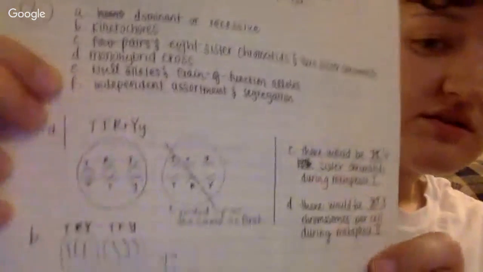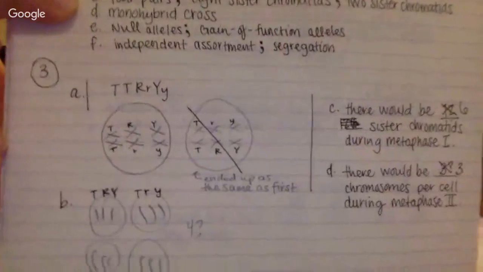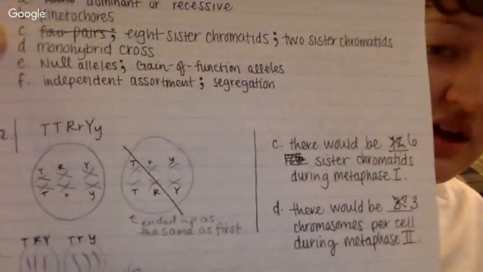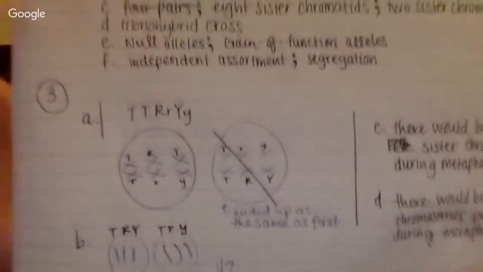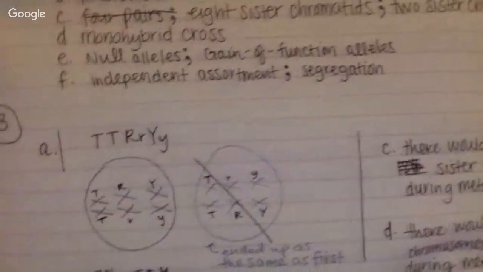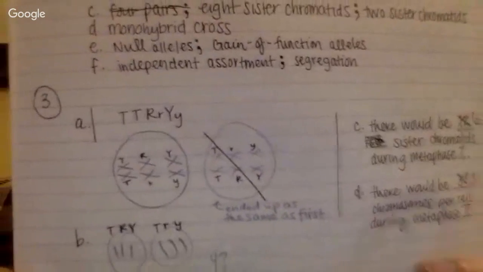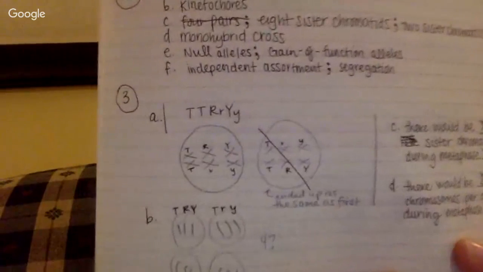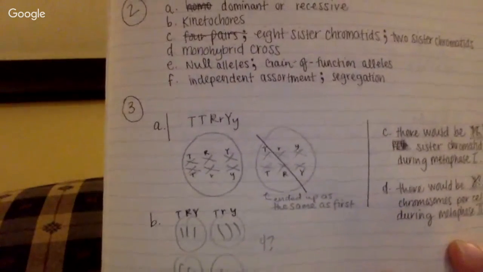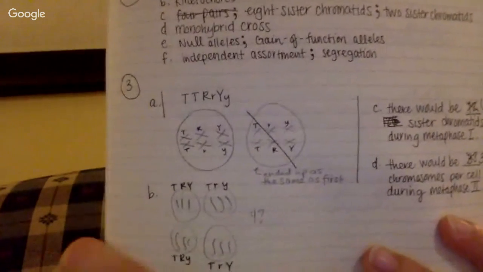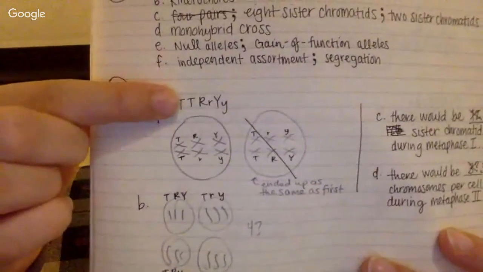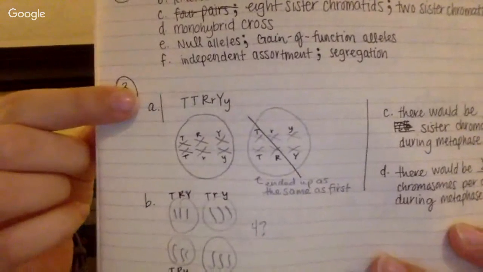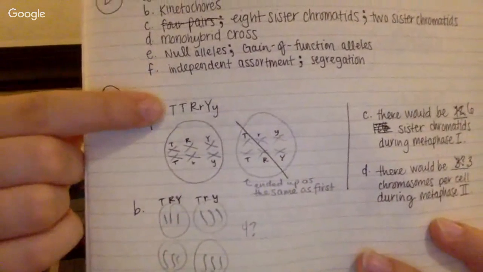Question 3, which is very sloppy, and I'm not positive about this to a great degree. Part A: we have a genotype, capital T, capital T, capital R, lowercase r, capital Y, lowercase y, right there. We're assuming that all of these assort independently.